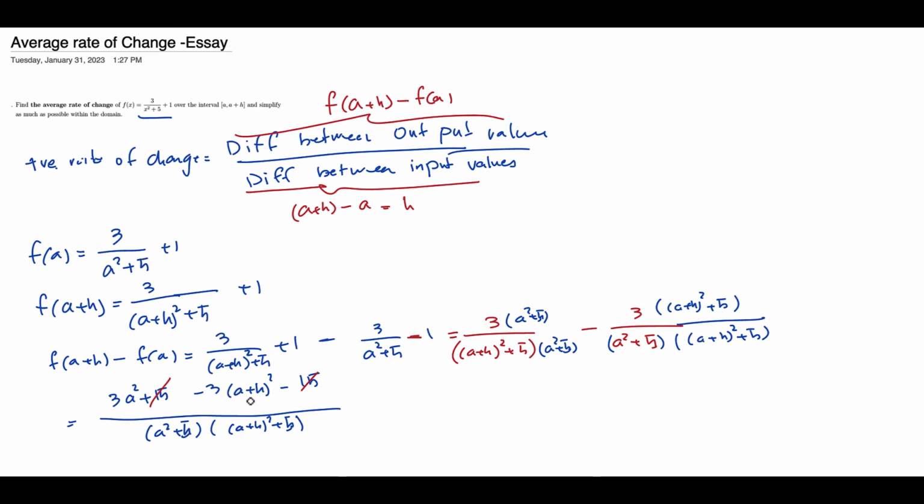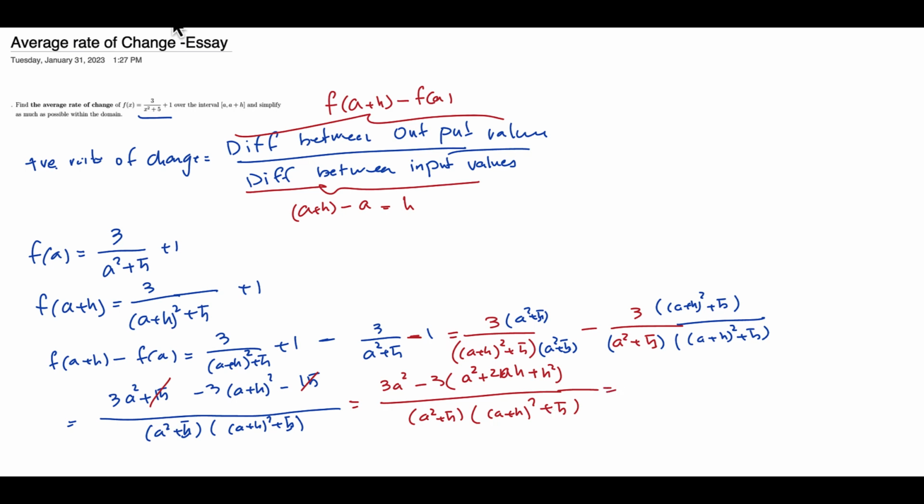What I need to do is expand (a plus h) to the power 2 and distribute negative 3. So I have 3a squared minus 3 times (a plus h) to the power 2, where (a plus h) squared is a squared plus 2ah plus h squared, and the denominator stays the same. The next step is to distribute that negative 3.